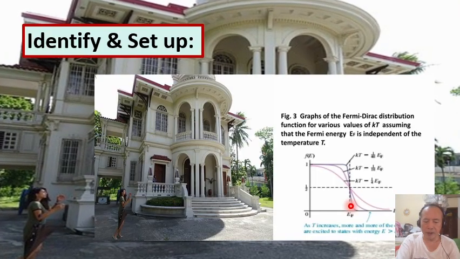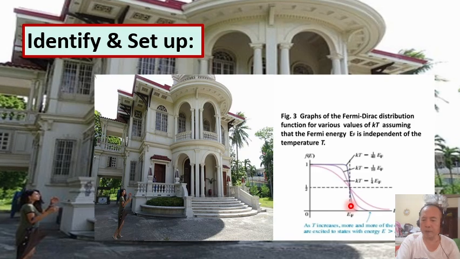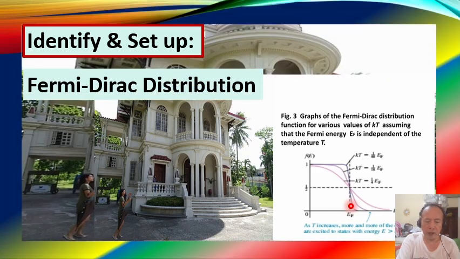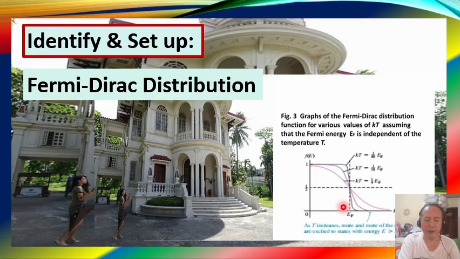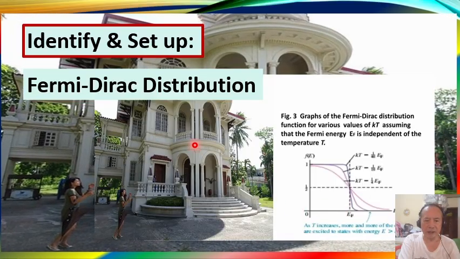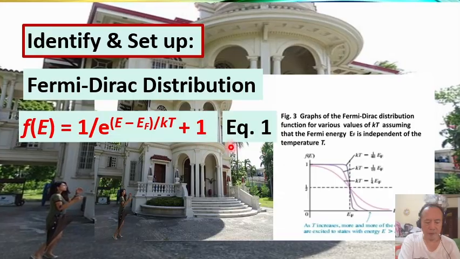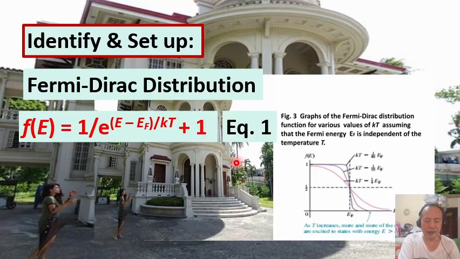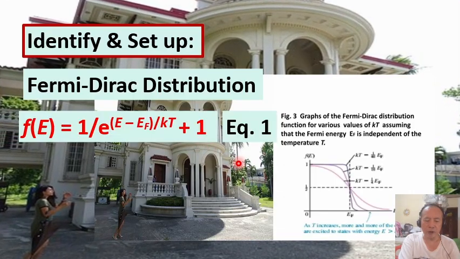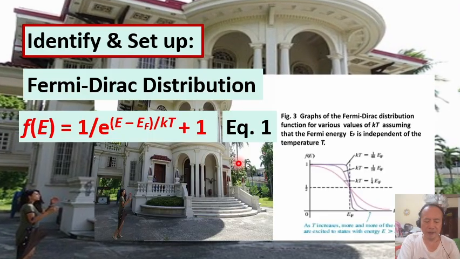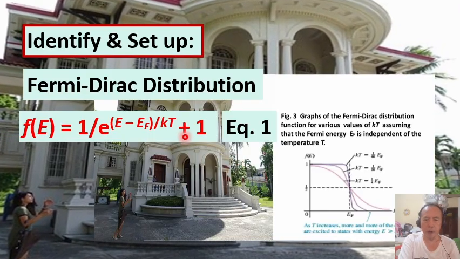And based on the Fermi-Dirac distribution function, we can actually find the probability, right? The probability that a given state is occupied by an electron. And this is given by equation number 1.